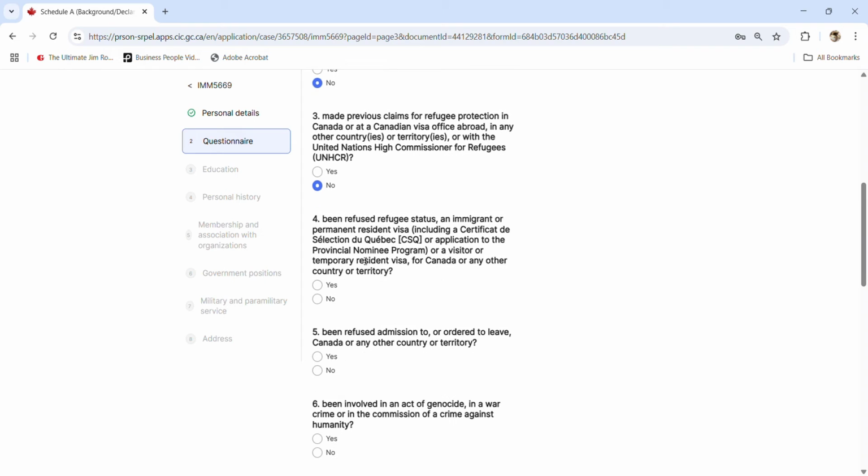Okay. Now, number 4. Number 4 is a very tricky one. Been refused refugee status, an immigrant or permanent resident visa, or a visitor or temporary resident visa for Canada or any other country or territory. Okay, so in this question, you will need to review all the applications that you made in the past to see if you have been refused a visa or any application that you made with Canada or any other country. Okay, in my case, yes, because it was refused before.